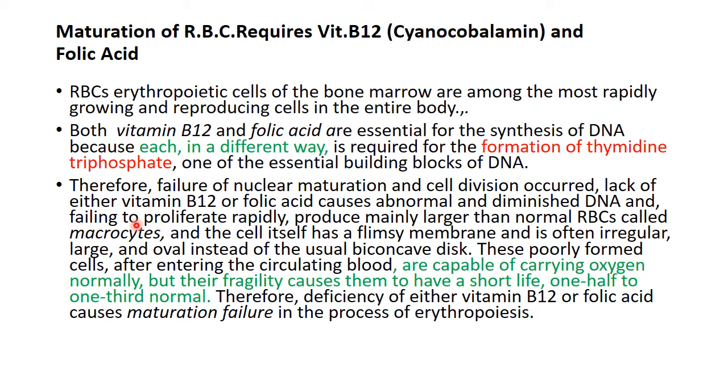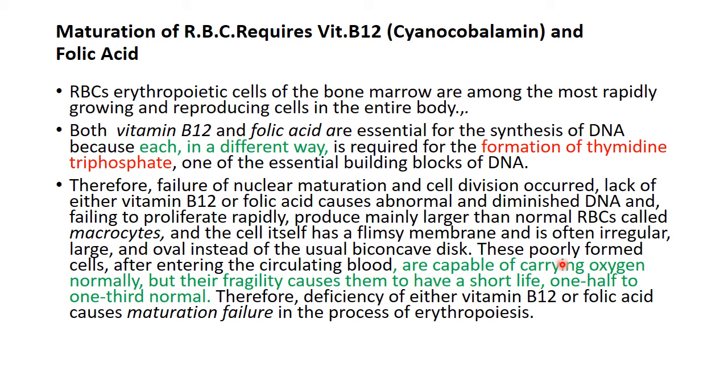So what will happen when it fails to proliferate rapidly? The size of the RBC becomes large and it becomes a macrocyte. So it becomes oval instead of a biconcave disc, and then they circulate in this oval form.